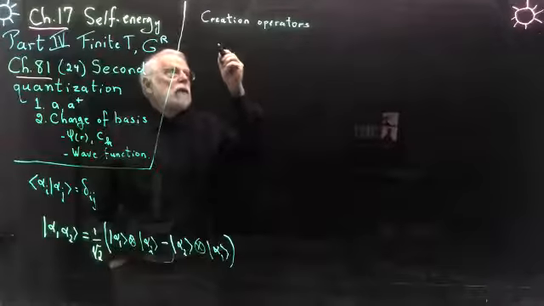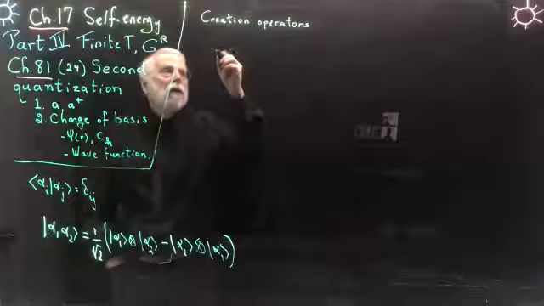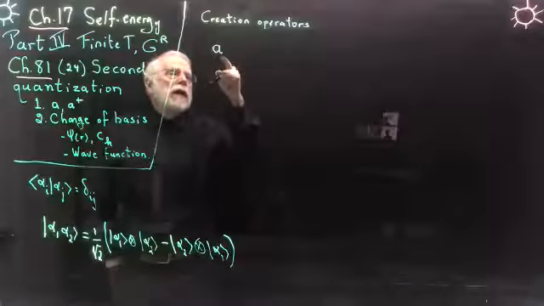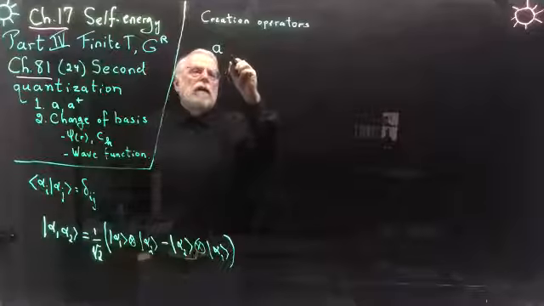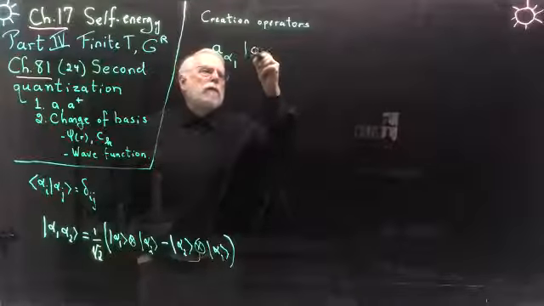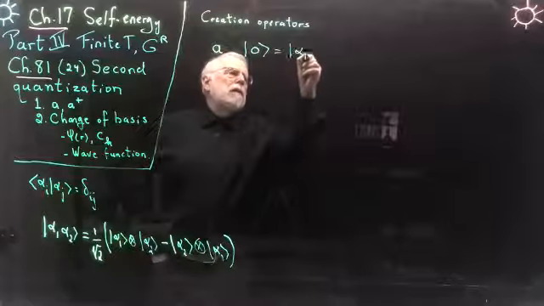So the creation operator is the following. If I define an operator A dagger that creates a particle in state alpha 1 acting on the vacuum, that gives me alpha 1.